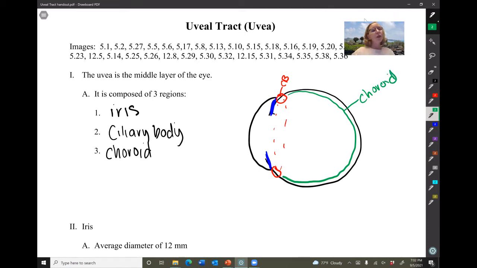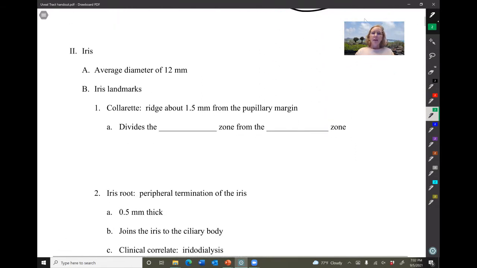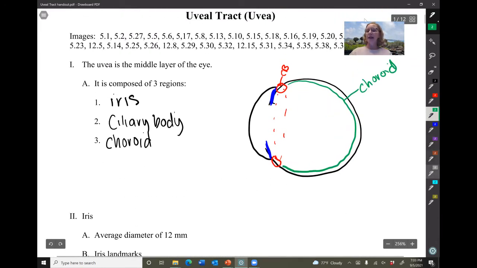So over the next few lectures, we will talk about those three areas. We're going to start today with the iris. The iris is anterior to the lens. So if we add our lens into our drawing, the lens would be in this area here.